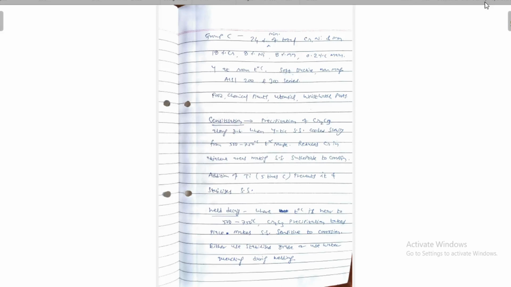Because due to the heat of the weld, in the portion where the temperature is between 500 to 750, the decay or deterioration in the behavior or performance of the stainless steel is obtained. That's why it has been given the name weld decay.